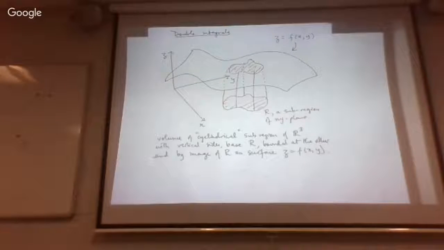So this is very much the generalization of the familiar one variable picture, where you've got a graph of a function y equals f of x. You've got some subregion of the domain of the function, which is just the x-axis, just a line, just a copy of R. So some subregion of that is just an interval.